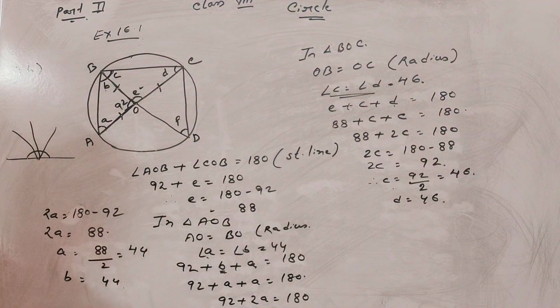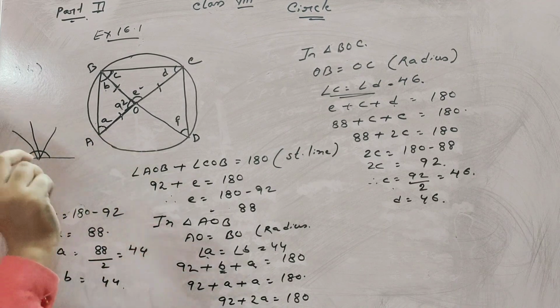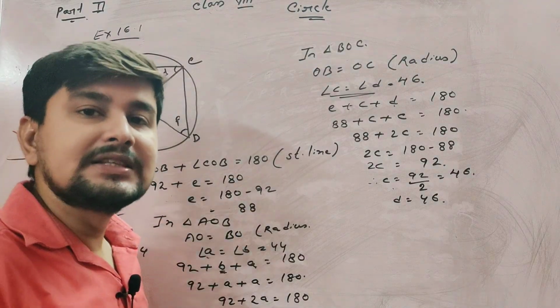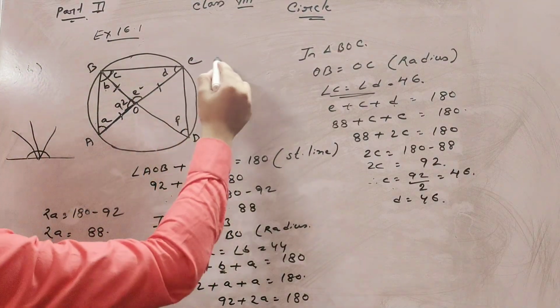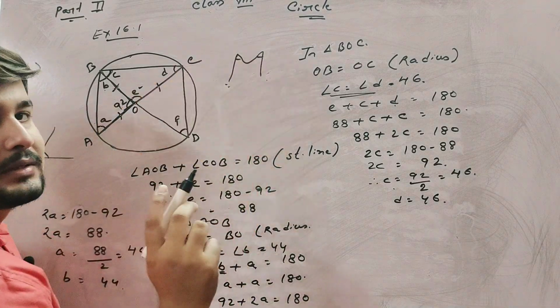Now it's only time to find the value of angle F. So how do we calculate the value of F? We learned one more theorem, angle in the same segment. Whenever you see a figure like M on the same base, these two angles are equal.